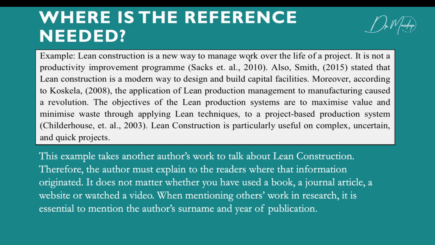We have several different types of information available. Several articles have been written on lean construction and how it works. Is it a new way to manage work, or is it a productive improvement program, or is it not? There could be many other articles with a similar view, but here we are only using 1 citation.